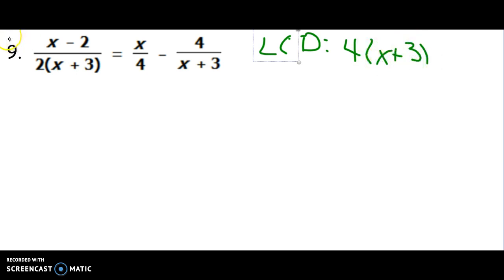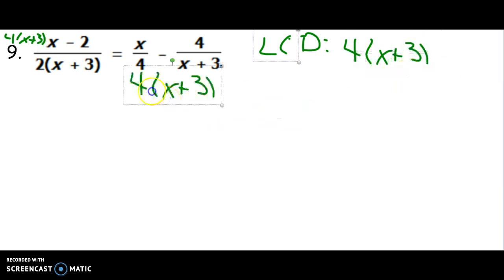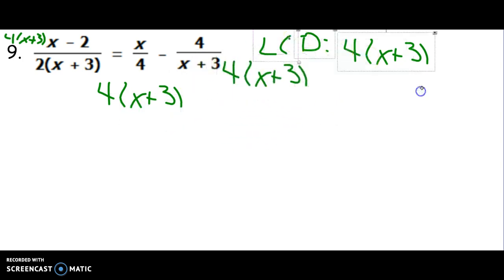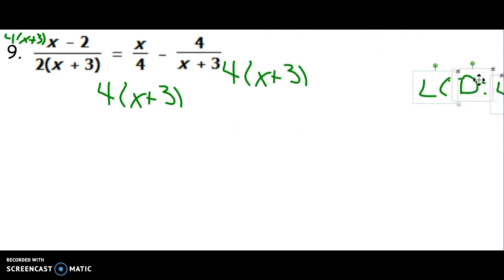So if I multiply by 4 times x plus 3, and if I multiply each one of these individually by that, I'm going to multiply that times that one, and I'm going to multiply it times this one over here. So I'm going to move all of this out of the way because I know what my LCD is now. And looking at what will cancel, the x plus 3's cancel.